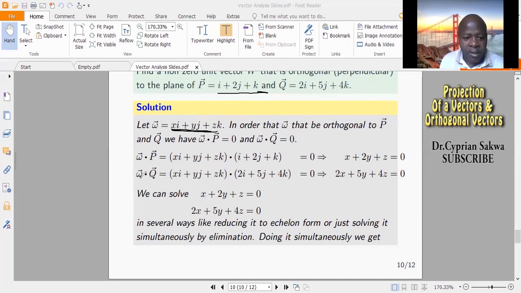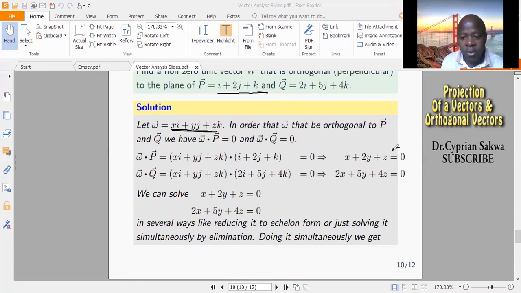And again, since omega and Q must be orthogonal, their dot product must be 0, so their dot product will be given by this. So x dot 2 will be 2x, y dot 5 will be 5y, and z dot 4 will be 4z, and this should be 0.